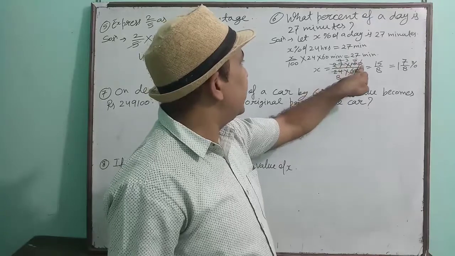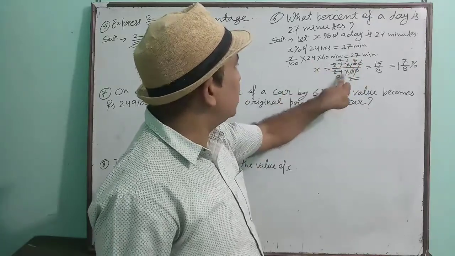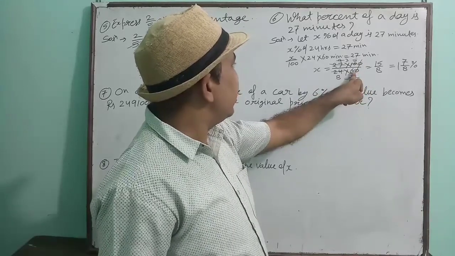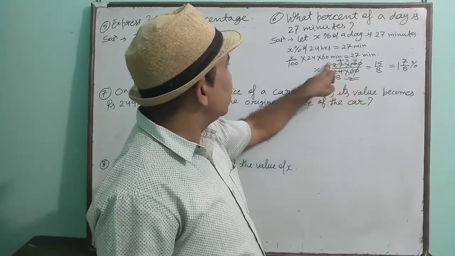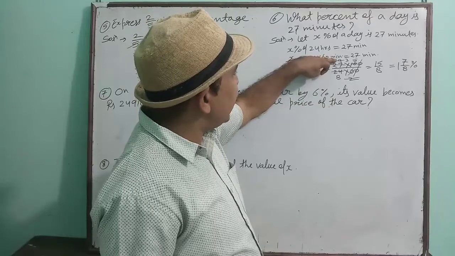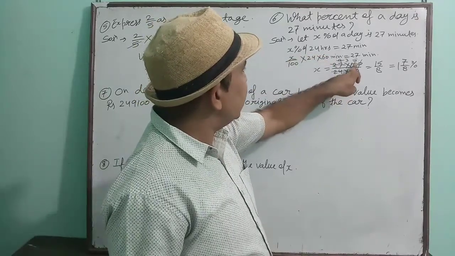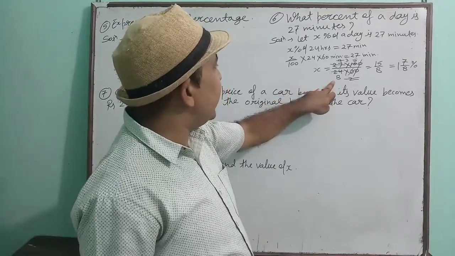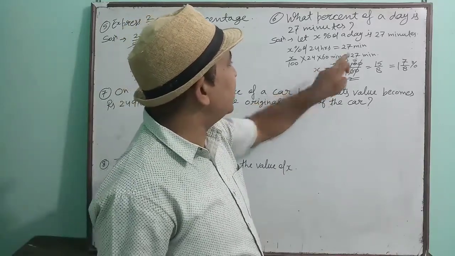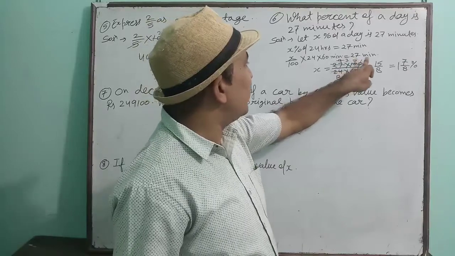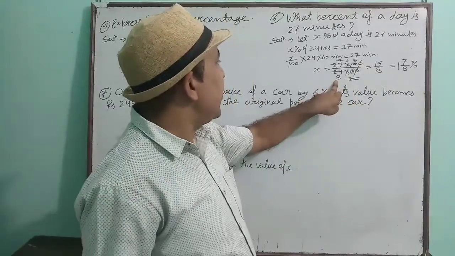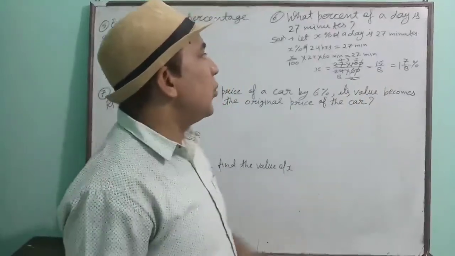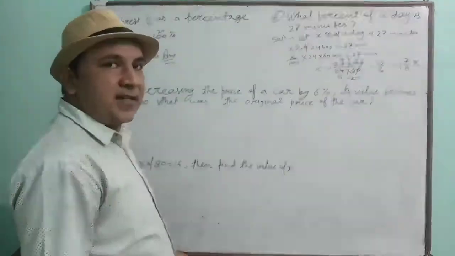So 27 into 100 upon 24 into 60. 0 to 0 cancel. 3 dividing 6 by 2 times, 3 dividing 27 by 9 times, 2 dividing 10 by 5 times, 3 dividing 24 by 8 times, 3 dividing 9 by 3 times. So 3 into 5, 15 is in the numerator, 8 is in the denominator. So 15 by 8 means 1 and 7 by 8%.